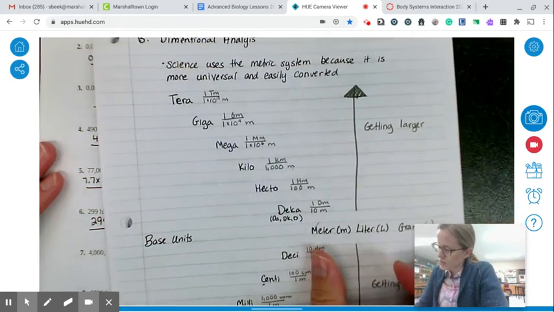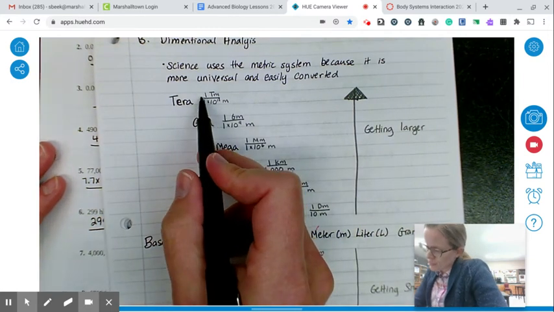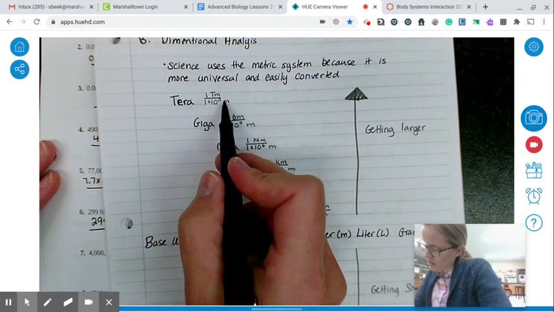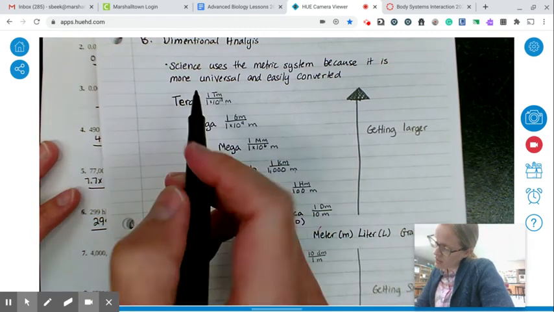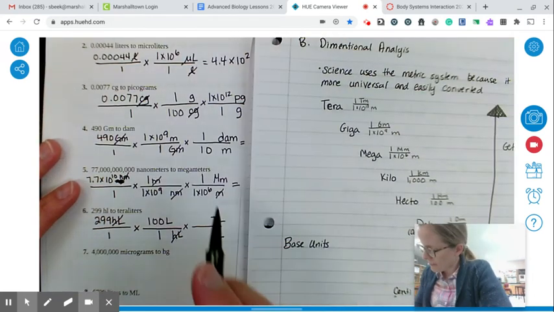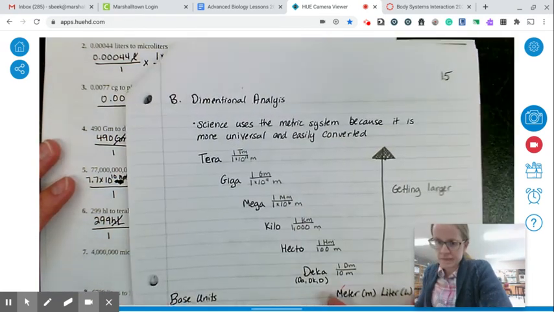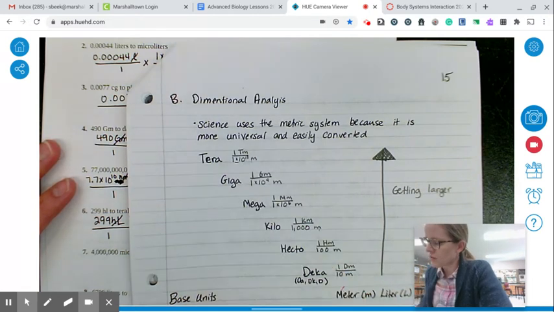If I look up teraliters, we've got terameters, but remember these M's could be L's. And 1 teraliter, there's 1 times 10 to the 12th liters.